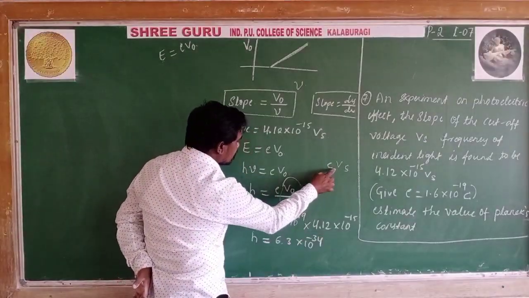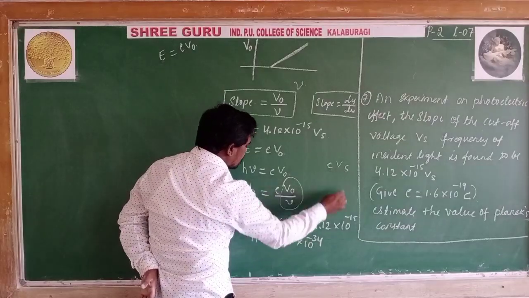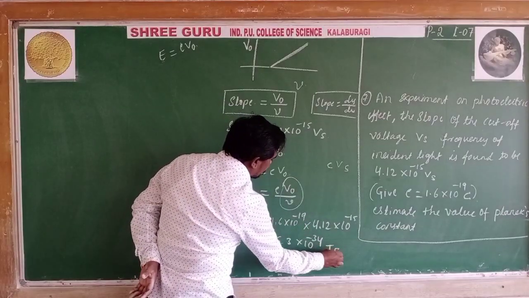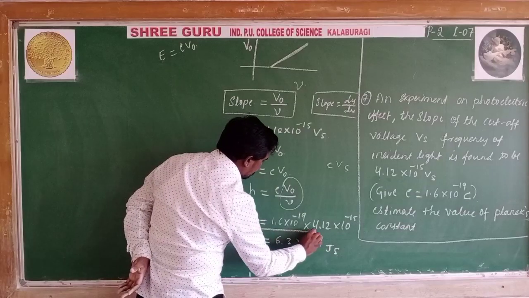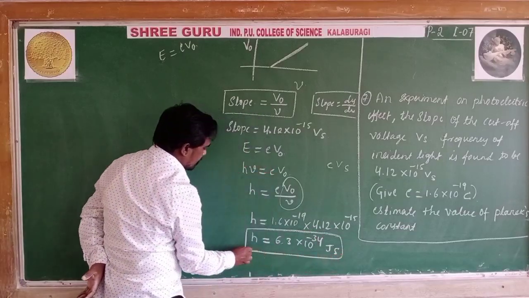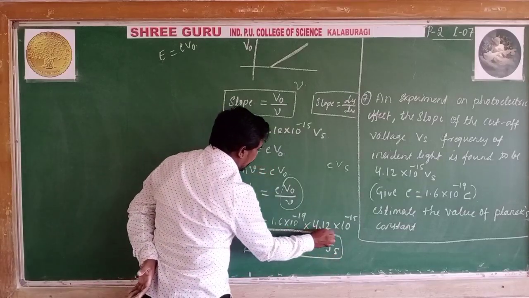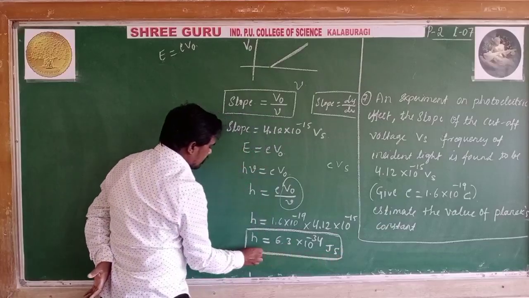What is our unit? Coulomb volt is nothing but a joule, that is joule second. Okay, like this they find the value of Planck's constant.